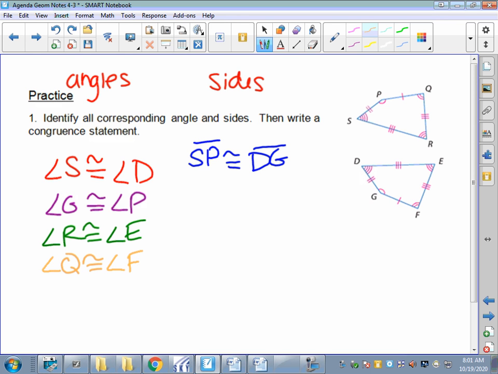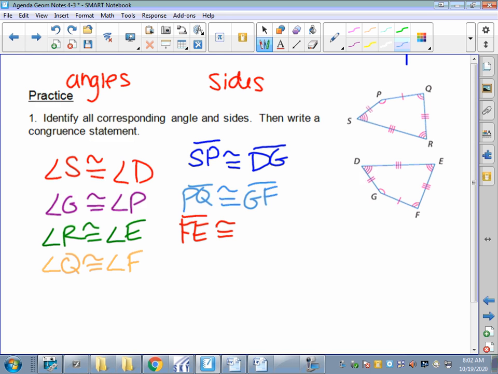It doesn't matter what order you list these guys as long as you get them all on there. So let's say side PQ corresponds to single arc to double arc. It looks to me like GF is going to be our corresponding. What about if I do side FE? Side FE goes from the double to the triple along the 3 dash side.